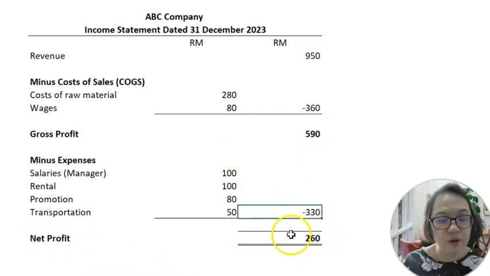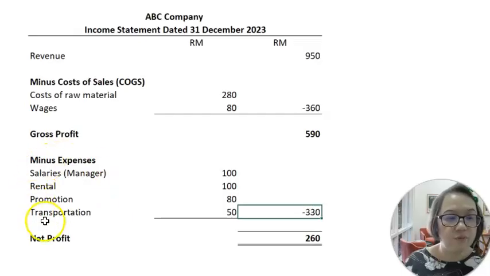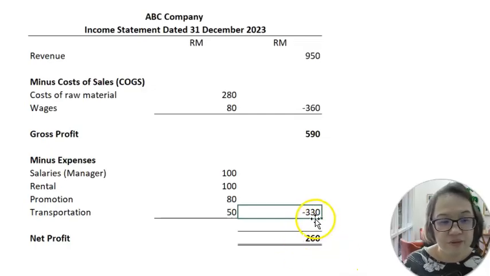So I will get the final total. It will be 260 ringgit. It is the net profit that the company earned throughout the year. Of course, if you have fewer expenses, you can reduce the items here. So remember this figure, our net profit is 260 ringgit.